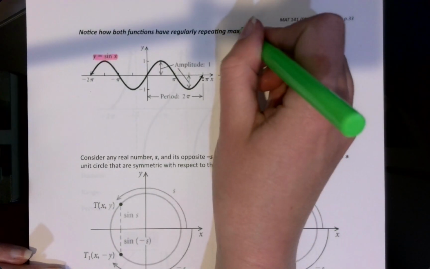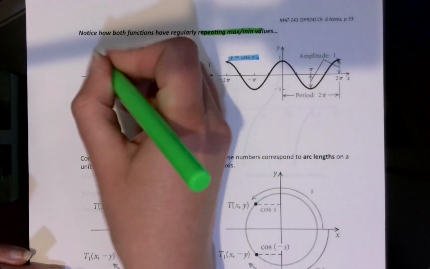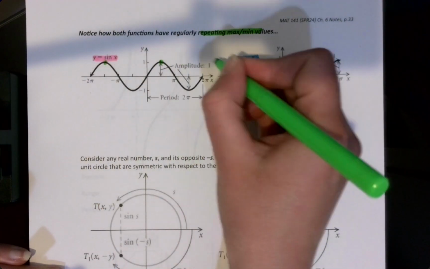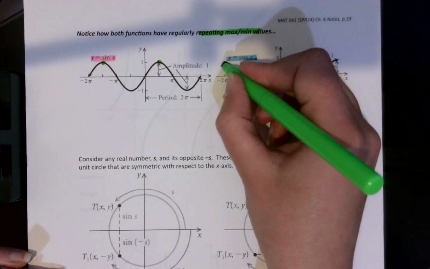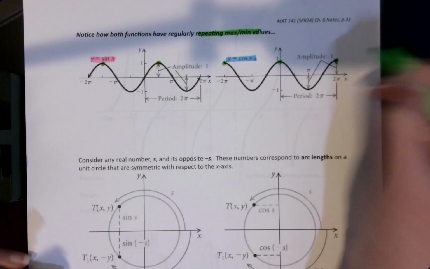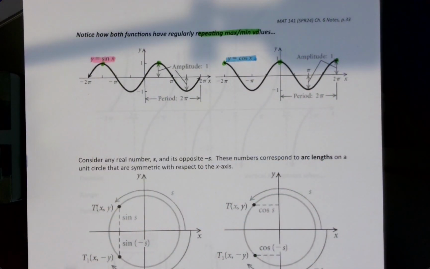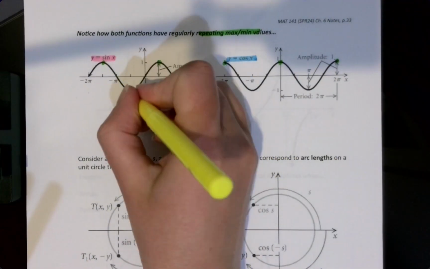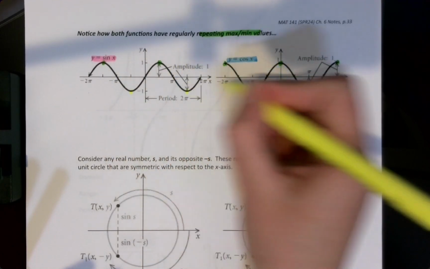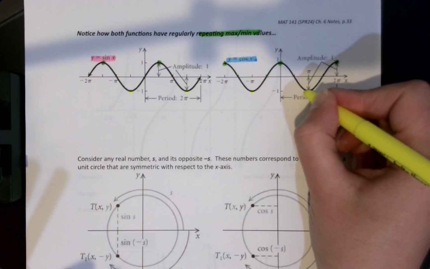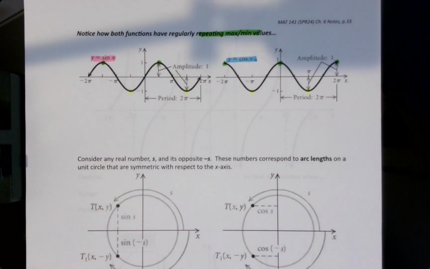So we've got those repeating maximum, minimum values. So the maximum value is the same in a whole bunch of places. The maximum value occurs multiple times, and the same thing for the minimum value. It's going to have lots of places where it reaches its minimum value of -1, as long as you continue this graph further and further across the x-axis.